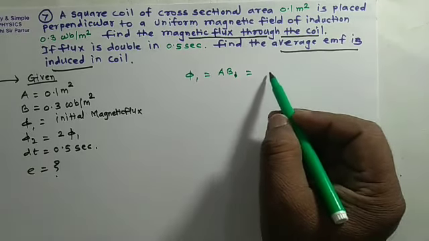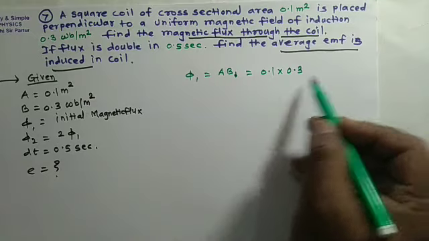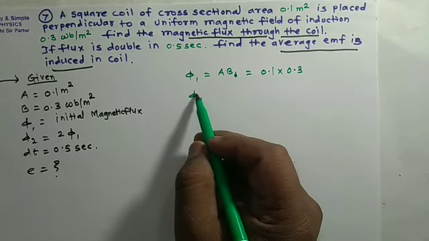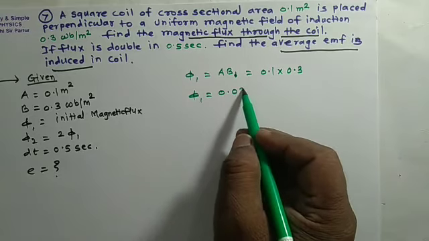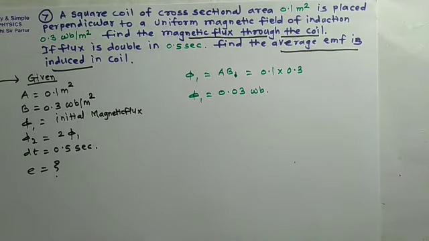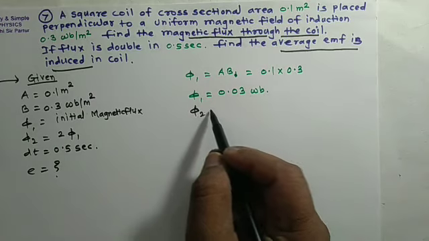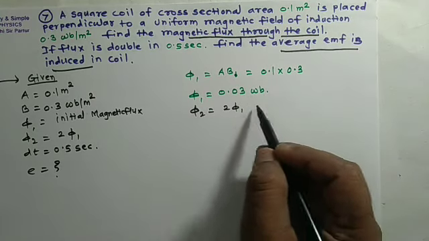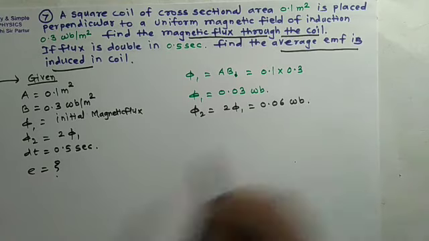It will be 0.1 into 0.3. So the initial magnetic flux will be 0.03 Weber. But here Phi2 is double the Phi1, which will be 0.06 Weber.